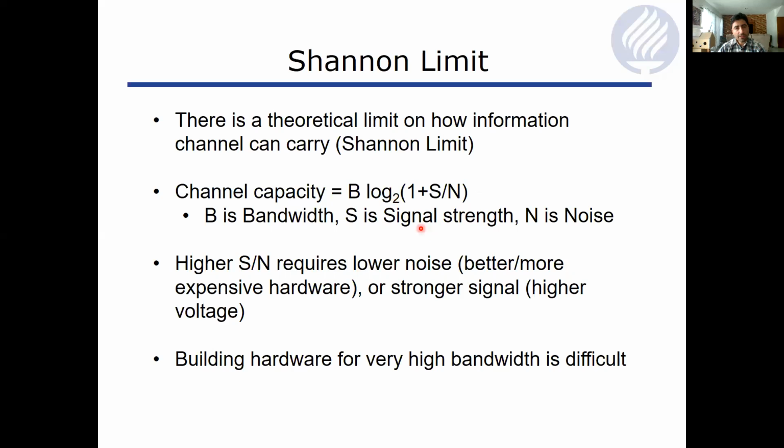If you notice, when you have a higher number of bars in your cellular network, you can send information faster because that means your signal to noise ratio is high. So the noise is low or your signal is strong, maybe you're closer to the tower, so you can send information faster because the signal is stronger.